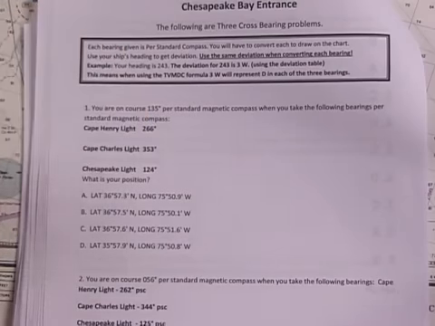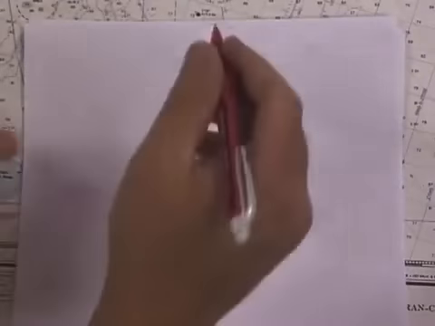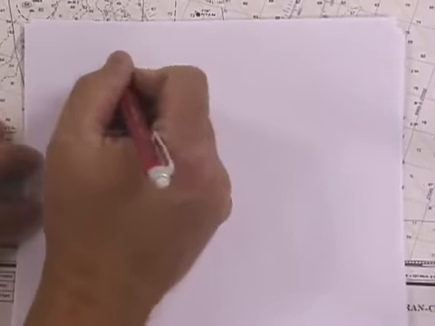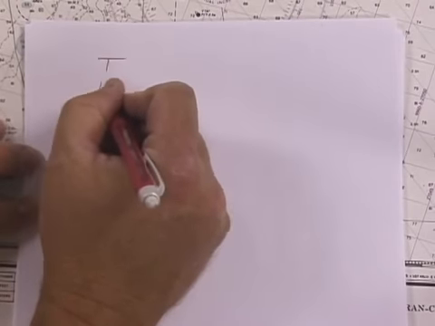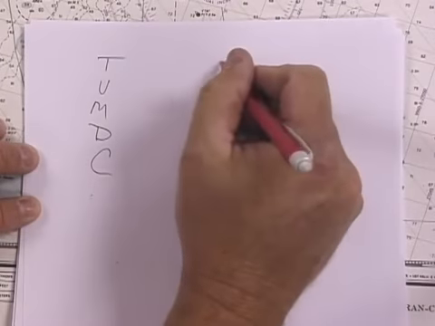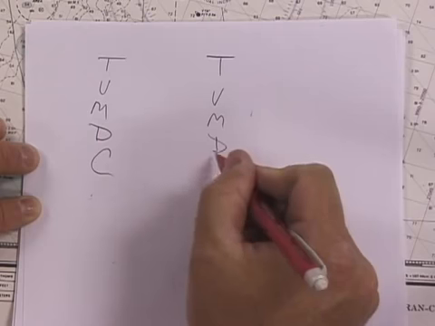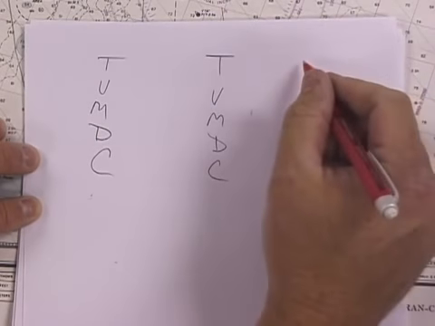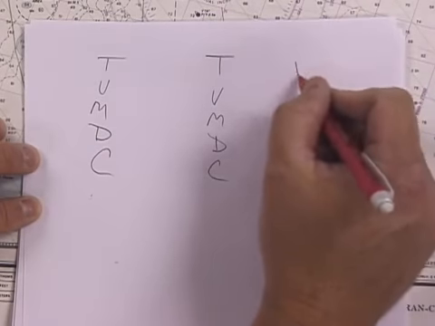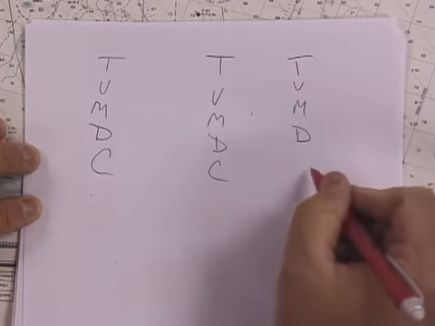So on each one of these, we're going to go ahead and write our formula. I'm going to write the TVMDC. It's a good habit to get into, to write your formula out, and in this case, we're writing it out 3 times. And they work out the same.